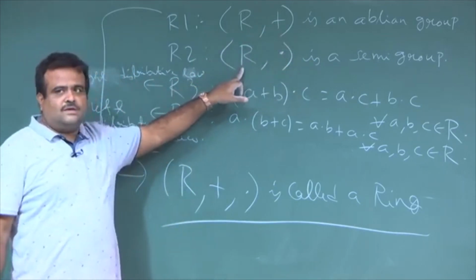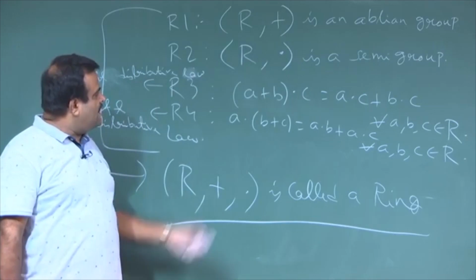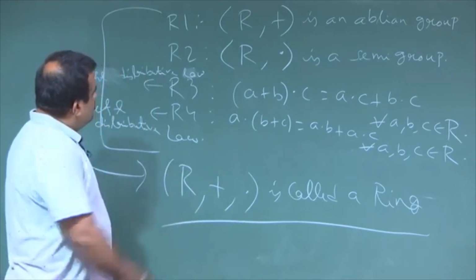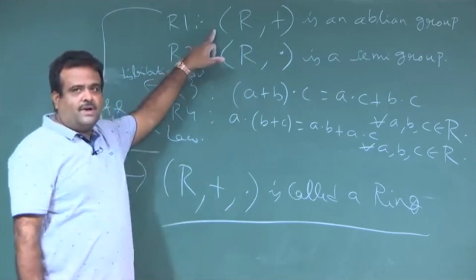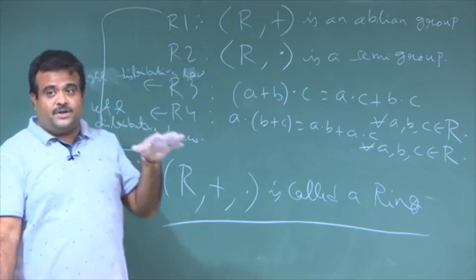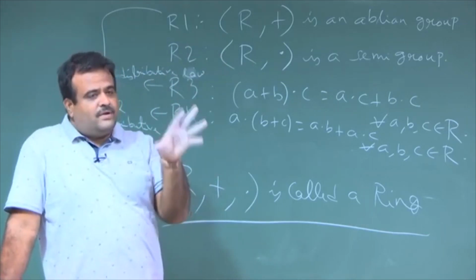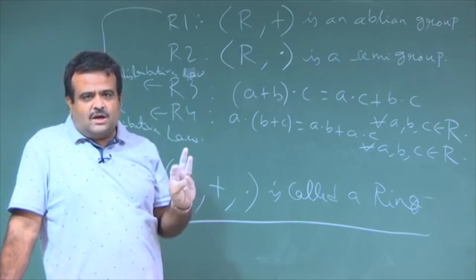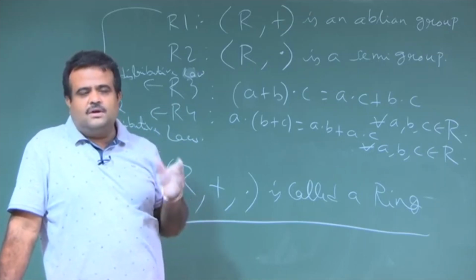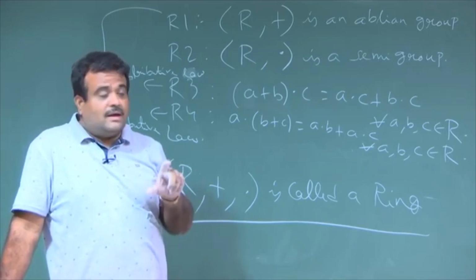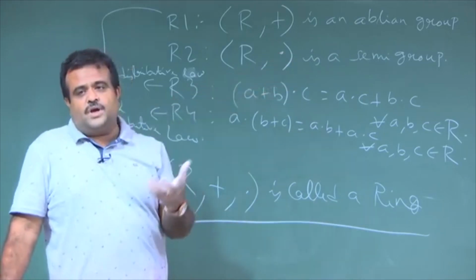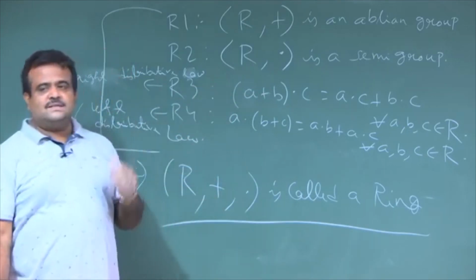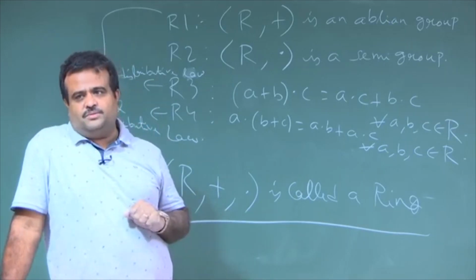It has to be a semigroup under the operator dot, and these two distributive laws must be satisfied. Now, these also have some properties. Abelian group means it must follow 5 properties. If you recall, every group has 4 properties: closure, associativity, existence of identity, and existence of inverse of each element. And for an abelian group, a commutative group, plus must also be commutative. And a semigroup has 2 properties: closure and associativity.